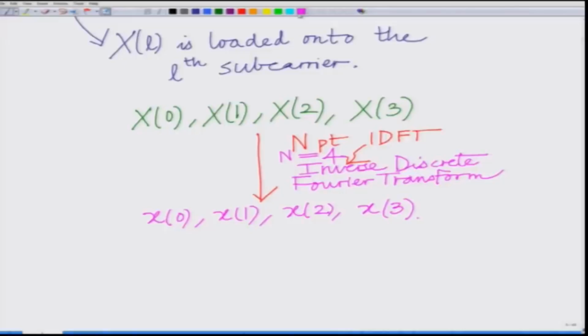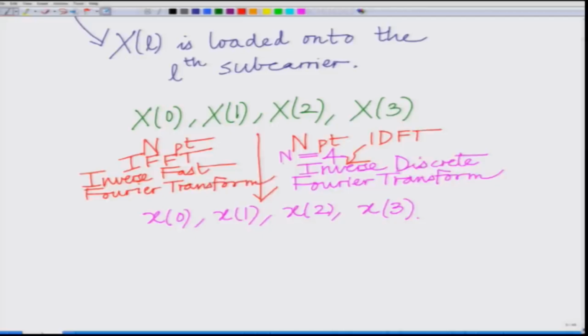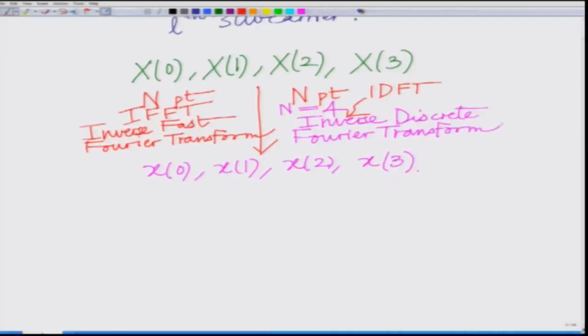This can also be performed very efficiently, in a very fast manner, using the inverse fast Fourier transform. Typically the N point IDFT is the same as the N point IFFT. IFFT is simply a fast algorithm to perform the inverse discrete Fourier transform.